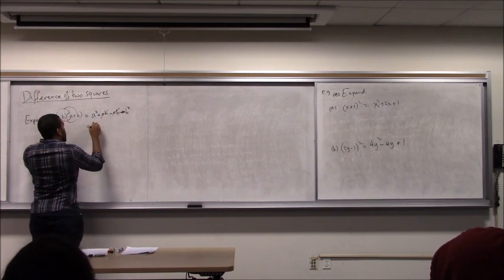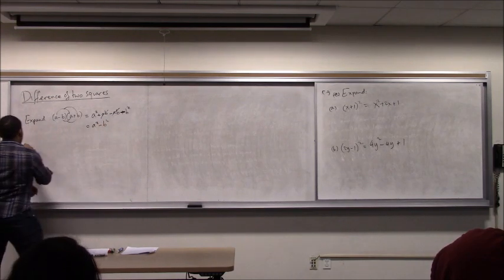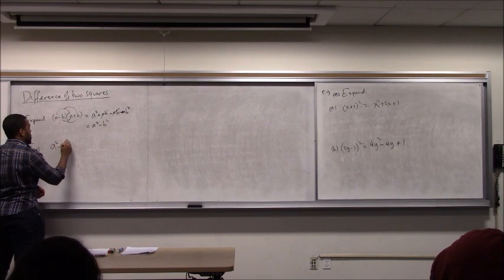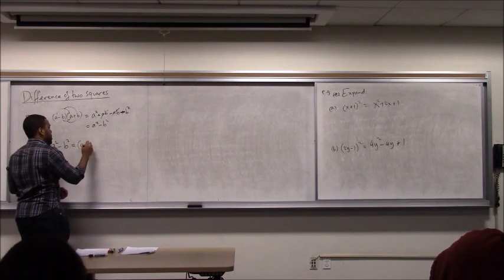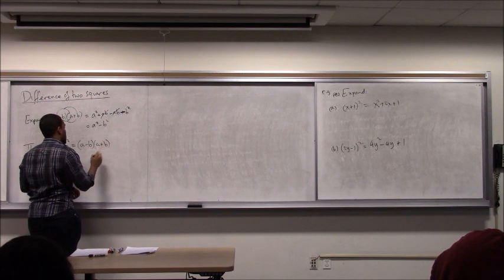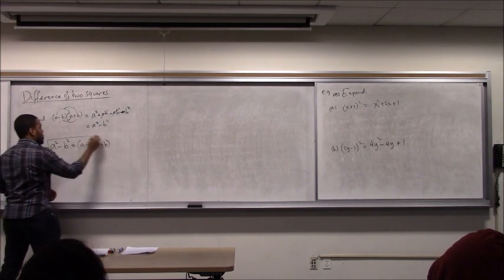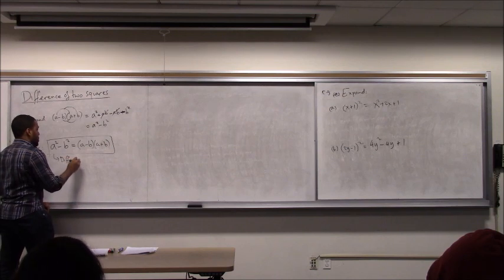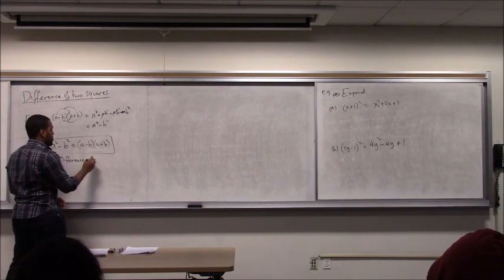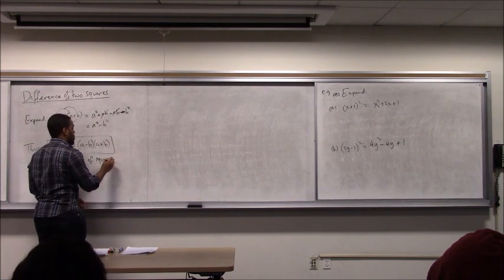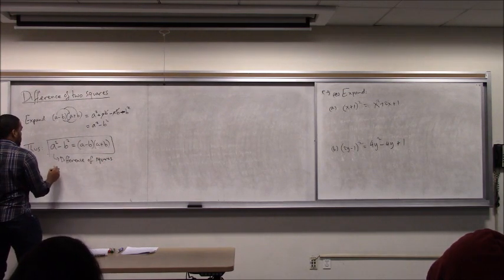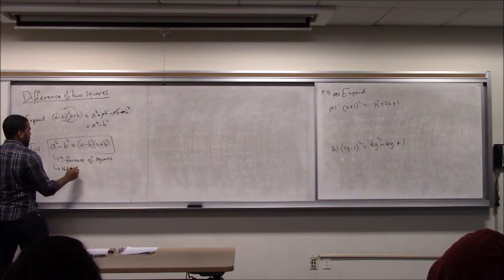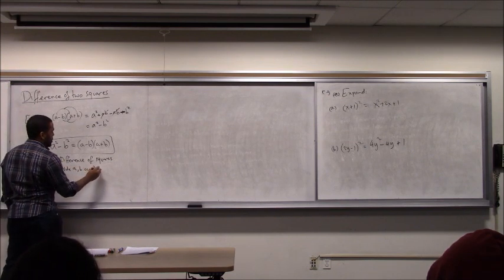Realize those kill each other, you get a squared minus b squared. Thus, a squared minus b squared is just this guy. This is called the difference of squares formula. So if ever I say difference of squares, I'm talking about this formula. And note a, b can be any expressions here.